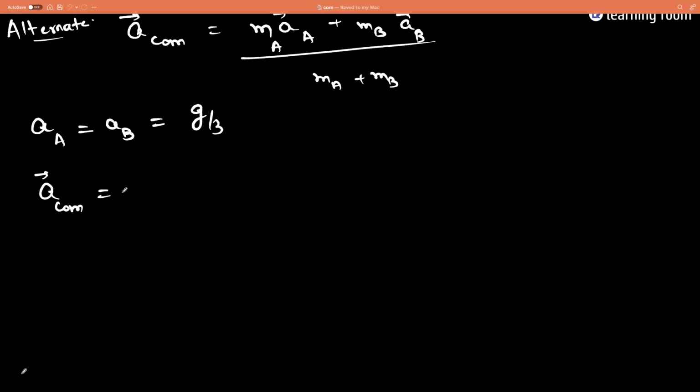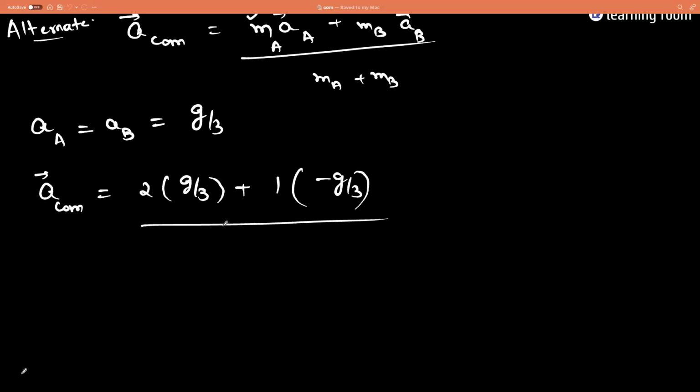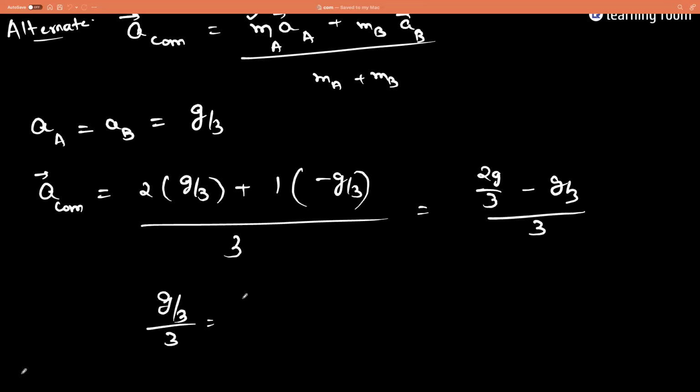Now, if you see what is going to be the acceleration of center of mass here, it will be mass of first object, that is 2, multiplied with g by 3, plus 1 multiplied with minus g by 3. Why? Because A is going downwards, B is going upwards. The whole divided by 3. So it is going to be 2g by 3 minus g by 3 divided by 3. So it is going to be g by 3 by 3, which is going to be g divided by 9.